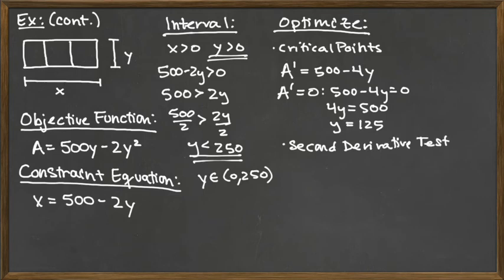And I can say the second derivative test works because there is a single critical point in this interval. That's really a key observation here. There is a single critical point in this interval. So since the second derivative test, if we take the second derivative, we see that the second derivative is -4, because remember our first derivative was 500 minus 4y.